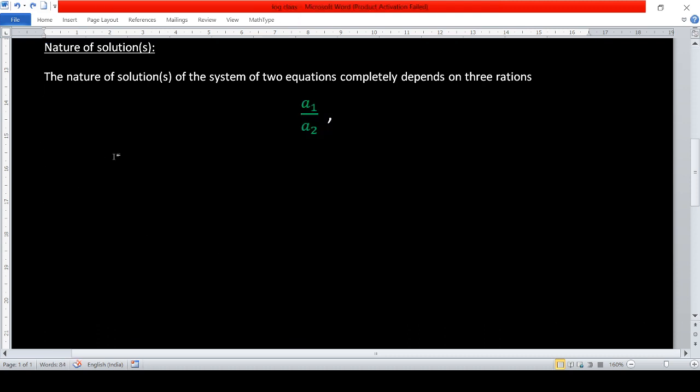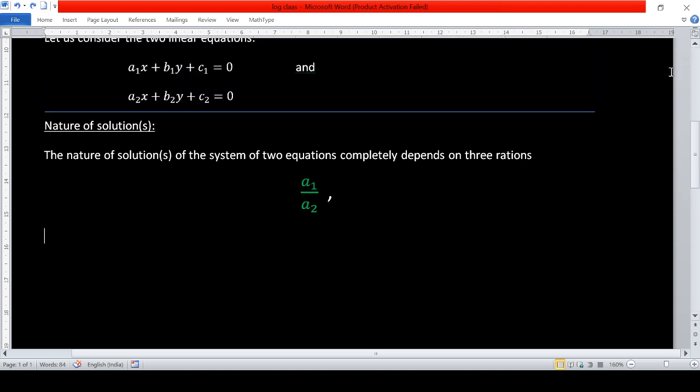The first ratio is a1 by a2. a1 is the coefficient of x in the first equation, and a2 is the coefficient of x in the second equation. Then b1 by b2, and the third ratio c1 by c2. So the nature of solution depends on these three ratios.